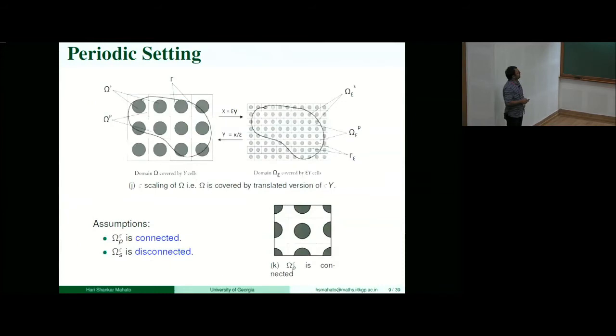If this is your given domain omega, then when you do x equals epsilon y, it will start to look like this. And when you do the reverse substitution, you are again back in this bigger solid parts domain. Another assumption is that the white spaces will be connected, whereas the solid matrices are disconnected. That's what we started with.